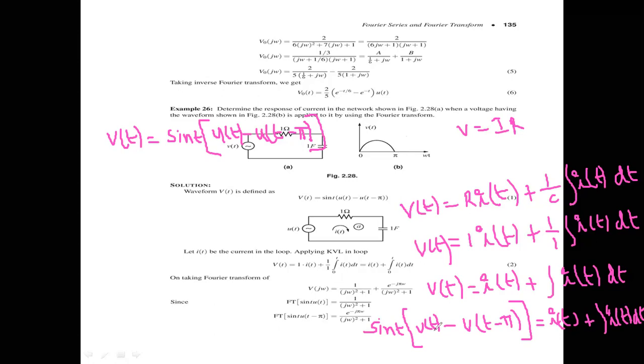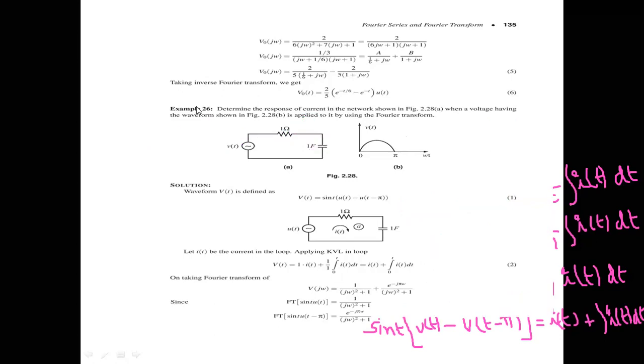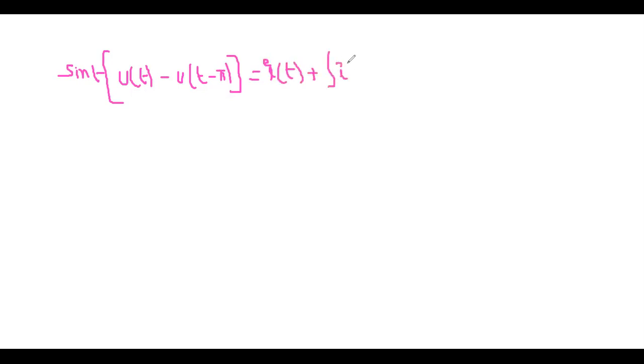So remember this equation: sin t mu of t minus mu of t minus pi is equal to I of t plus the integral of I of t dt.